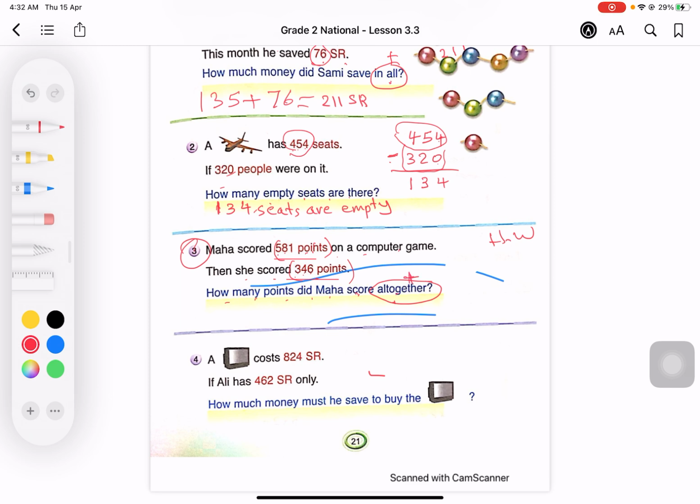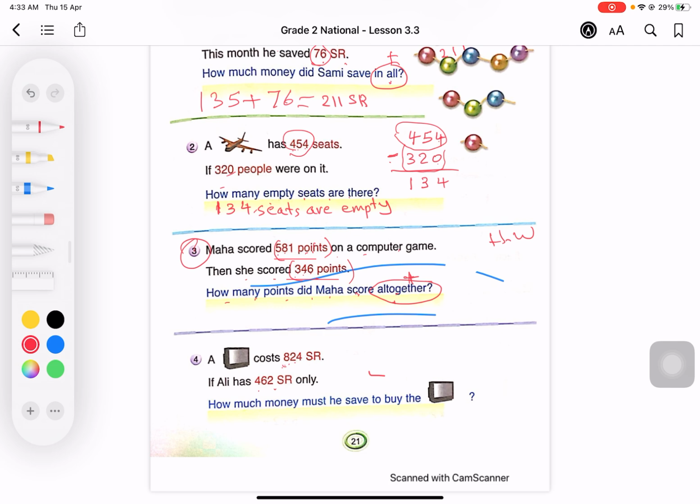Let's go and do number 4. This TV cost 824 riyal. Ali doesn't have the whole money. He has some of the money, 462. So he needs more. How much money must he save to buy the TV?